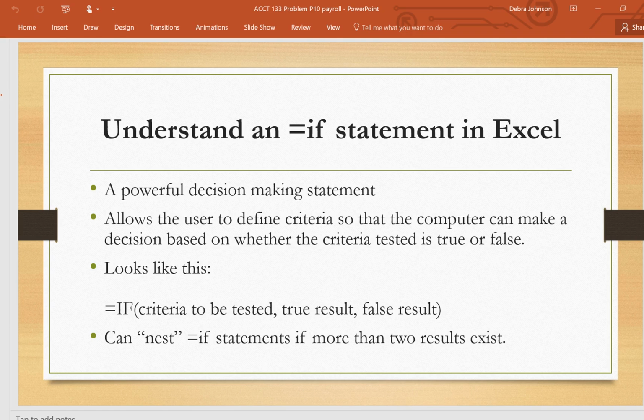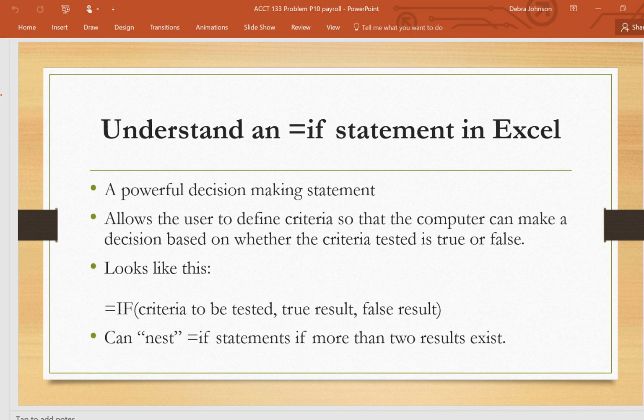The equals if function is an instruction that checks any condition. If the condition is found to be true, then it returns a predefined value that the user can set up. However, if the condition is false, it returns a different predefined value. It looks like this.